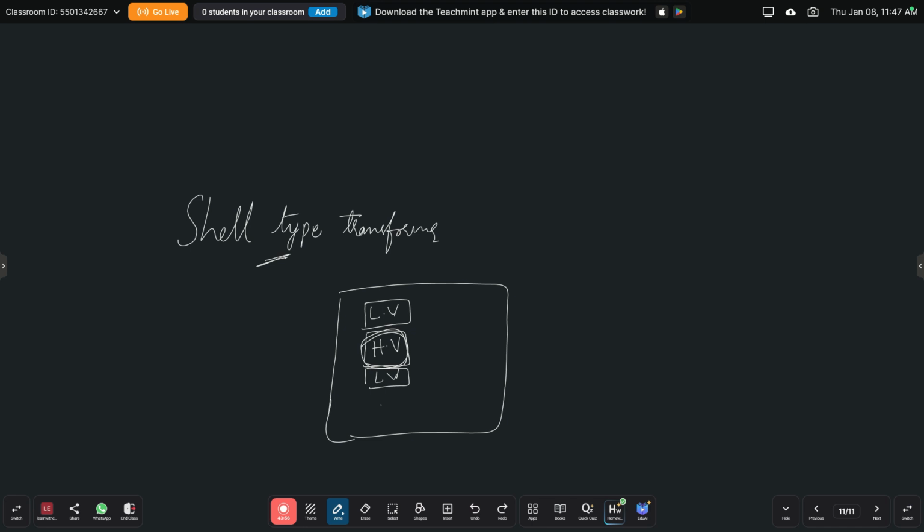Again a high voltage, and here a low voltage. Similarly for the secondary side, a low voltage and a high voltage, so the high voltage lies between the two low voltages. Based on that we improve the efficiency of the transformer.